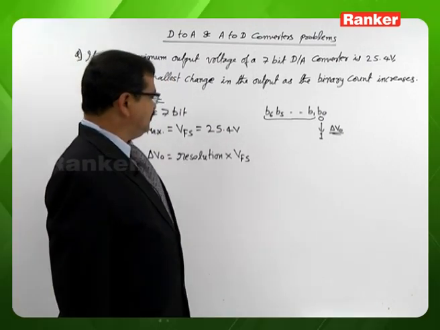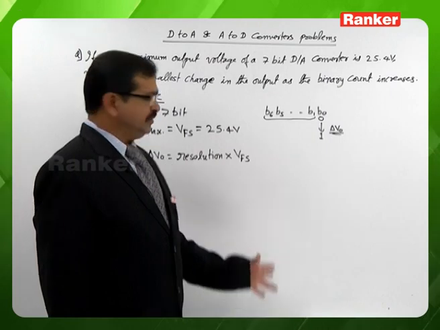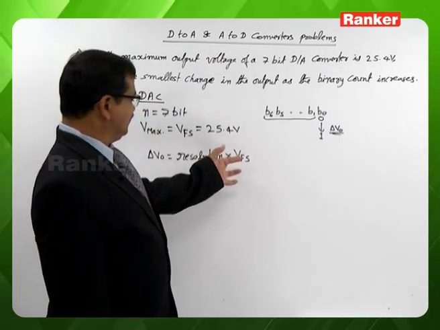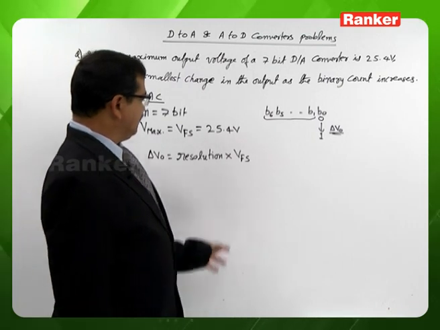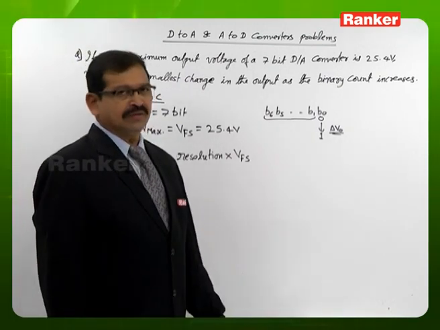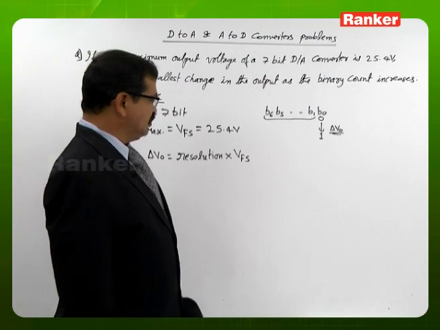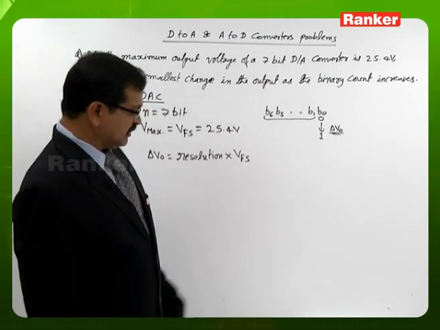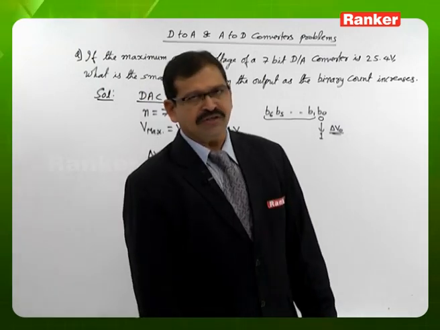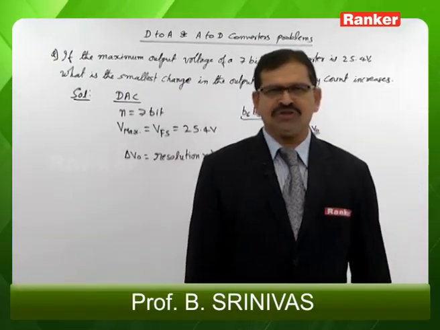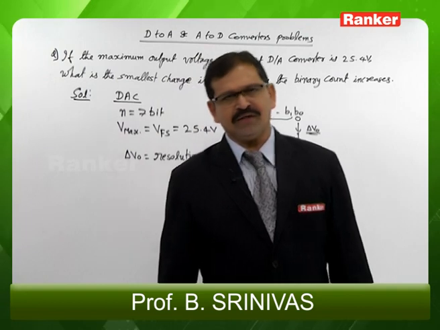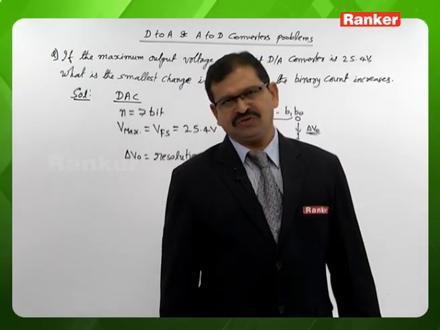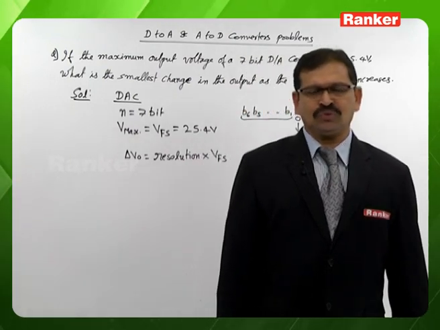the change in the output whenever the binary input is changing in 1-bit position at the LSB. Or you can say conventionally, the definition is: resolution is the smallest possible change at the output as and when the input binary LSB bit is changing 0 to 1 or 1 to 0.